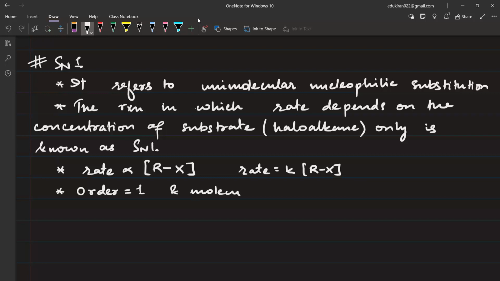Order and molecularity, you will have a good idea about once we are done with chemical kinetics. Yes, molecularity is also equal to 1.